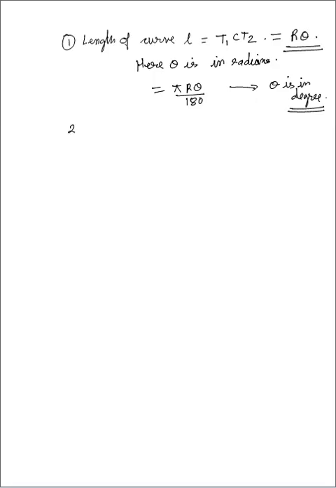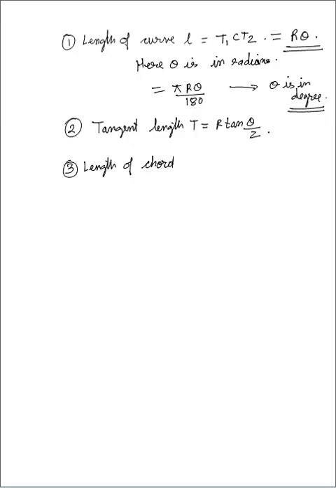Then second thing is your tangent length. Tangent length we have seen, that is R tan theta by 2. Third is length of chord, or sometimes called chord length.